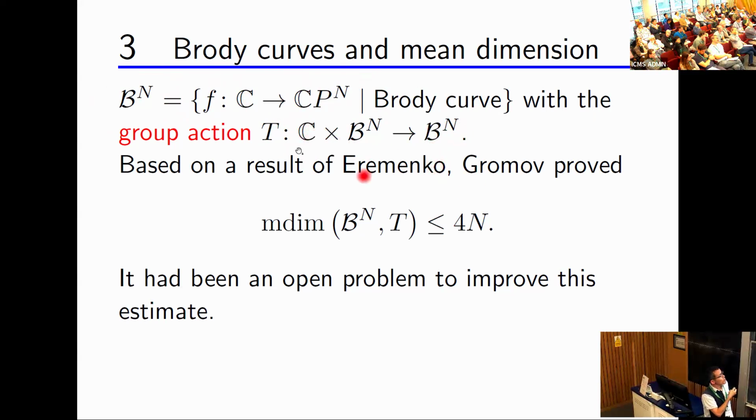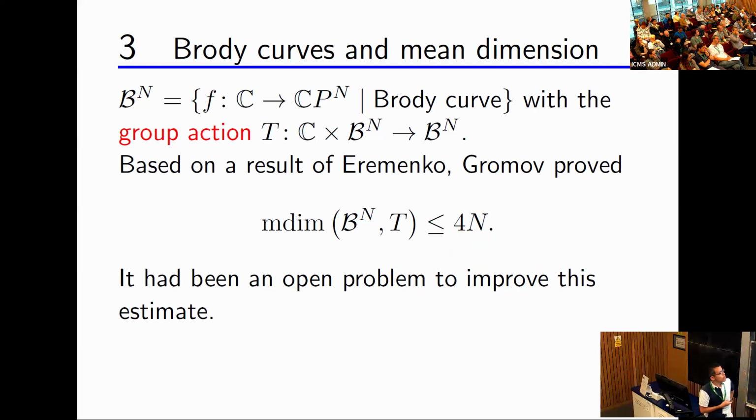Based on a result of Rx, Gromov proves that the mean dimension is bounded by 4n. This is a first result on this problem. It has been an open problem for some time to improve this estimate.